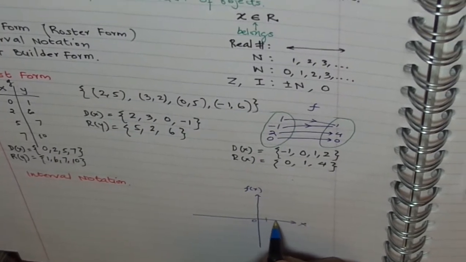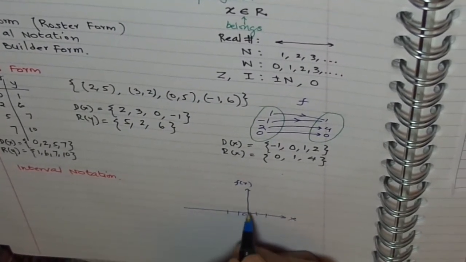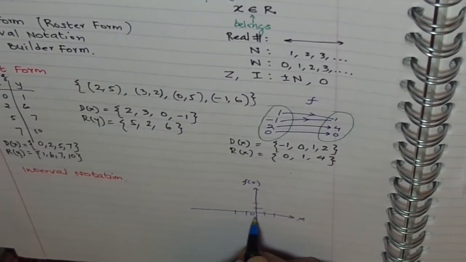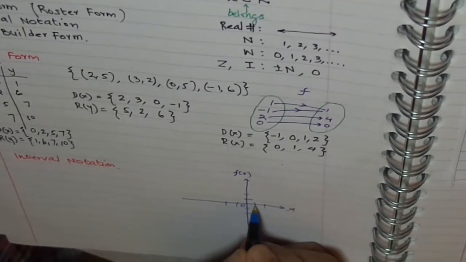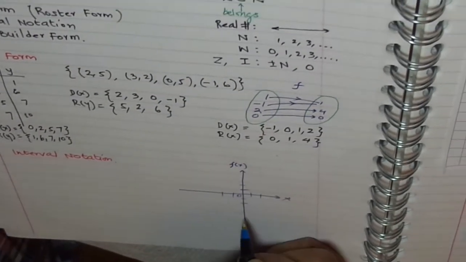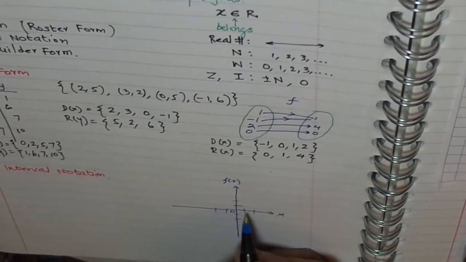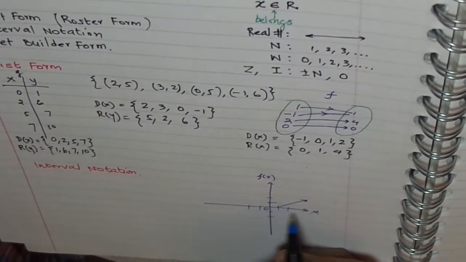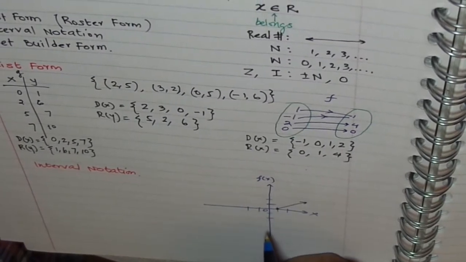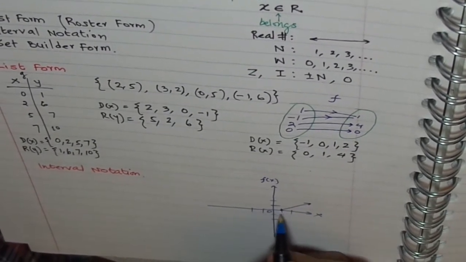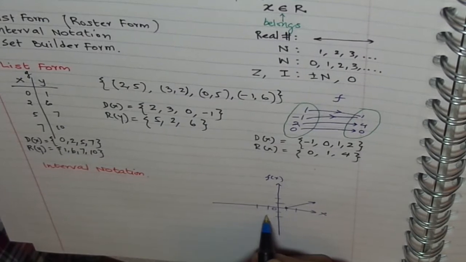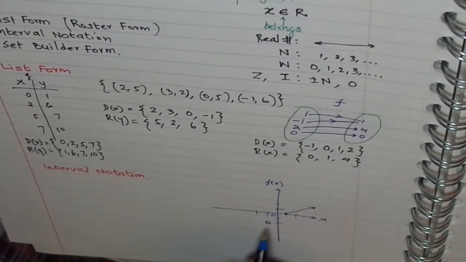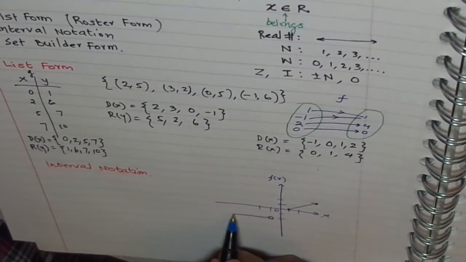And let's say this is 1, minus 1. Let's say we have a function here which is kind of going like this, including this value. And then we have this function on this side, we'll say including this, and going parallel to this.